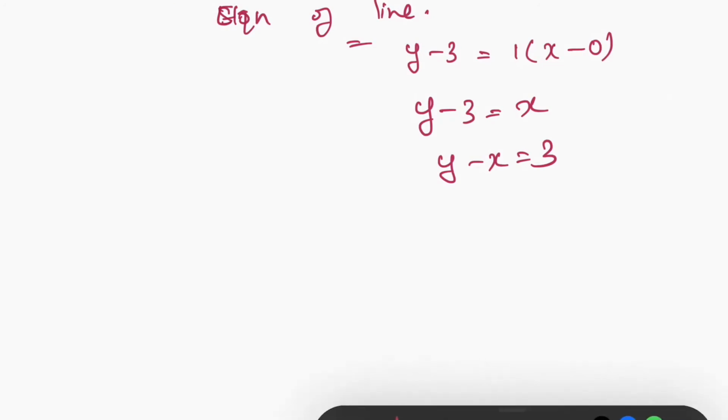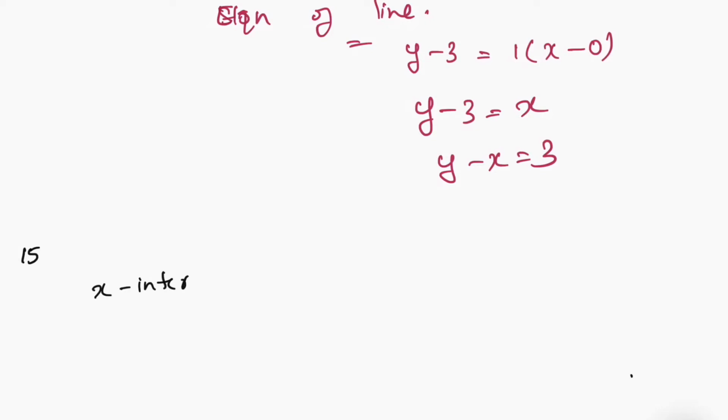Coming to the 15th question, question number 15. Find the equation of the line whose x-intercept and y-intercept are given. First question, x-intercept equal to 5, y-intercept is equal to 3. How will you find the equation?